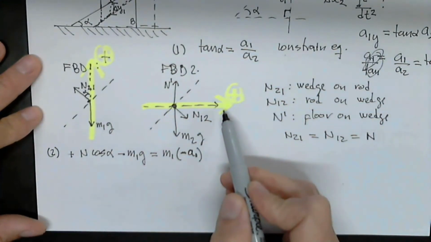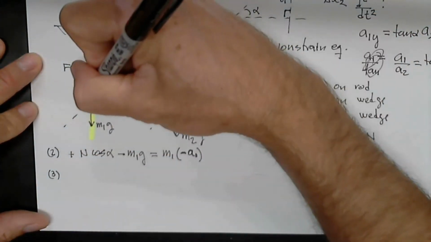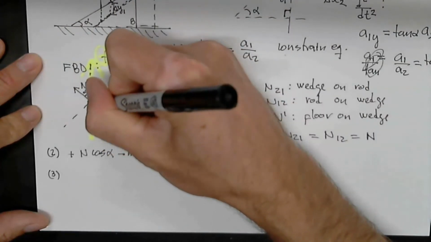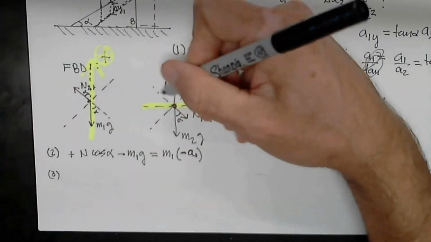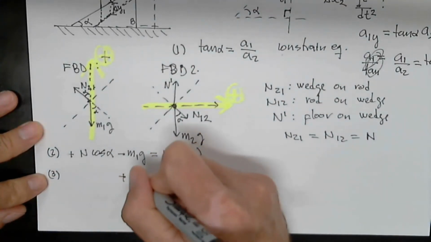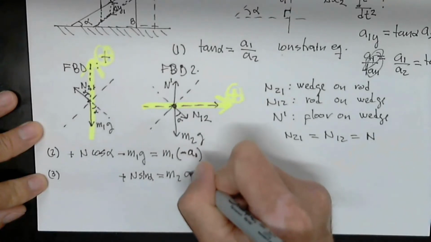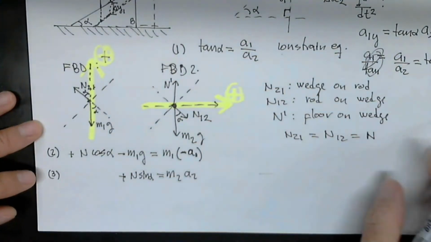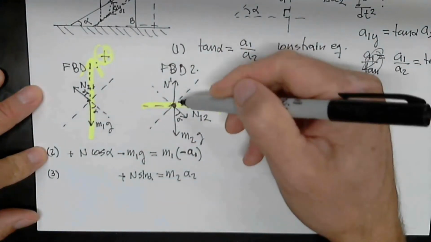Equation 3 is in this axis. As you can see, this is alpha, and the two interaction forces have the same axis. This equation is quite simple: N sine of alpha equals M2 a2, positive because the wedge moves to the right. Yes, there is an equation for N prime in this axis, but you don't need it.